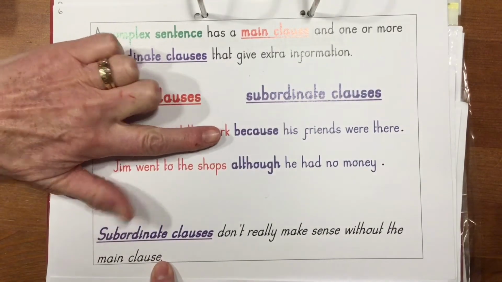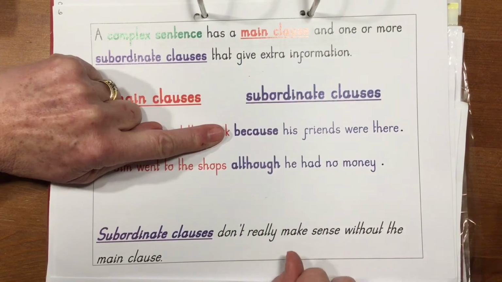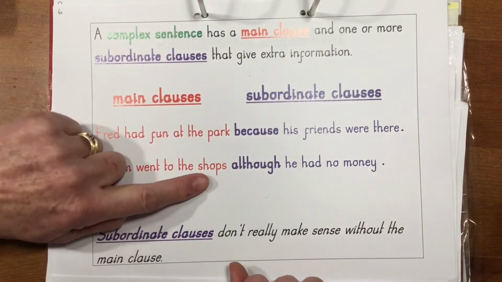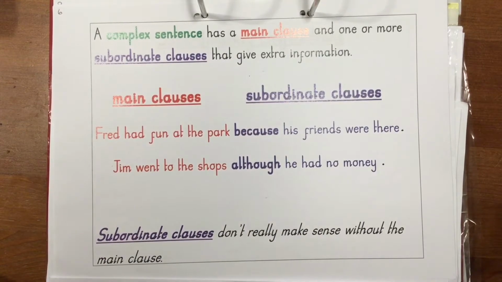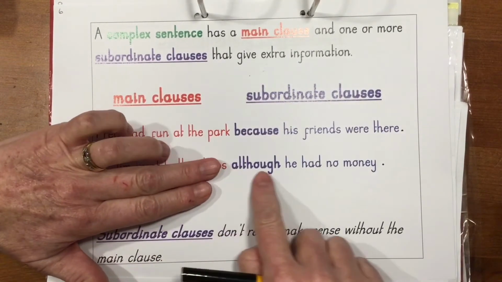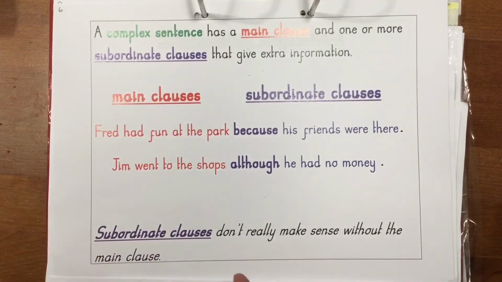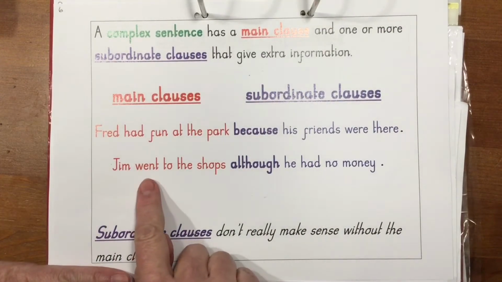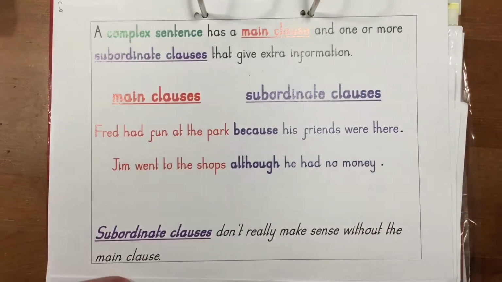If we just read this part of the sentence, because his friends were there, it doesn't make sense. It needs the main clause to help it to make sense. Although he had no money, doesn't make sense on its own. It needs to be with the main clause, Jim went to the shops although he had no money, to make sense altogether.